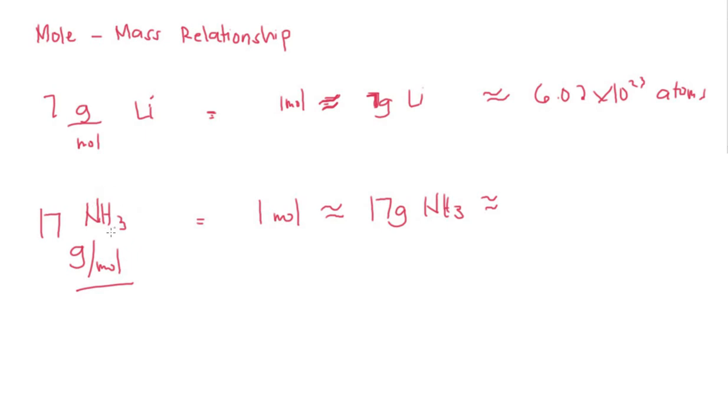If we were talking about NH3, since it is a covalent compound, the representative particle is a molecule. These are the conversion factors from our previous lesson. Now let's work out the relationship between the mole and the mass.